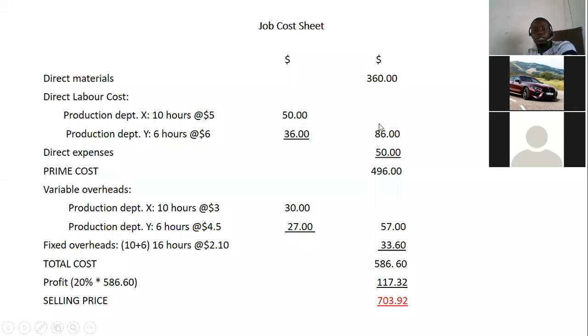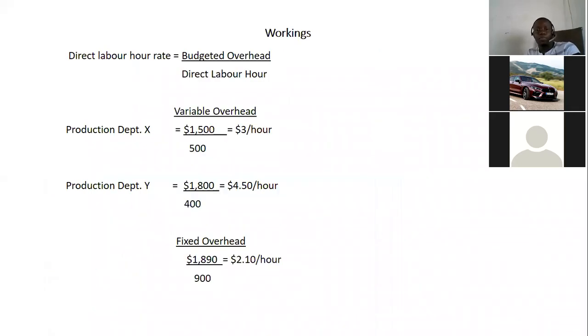So just as we calculated the absorption rate for production department X and got 3, you have to do the same for production department Y. The variable overheads incurred for that period is 1,000. The budgeted is 1,800.